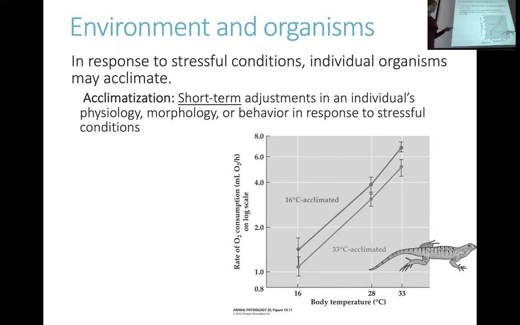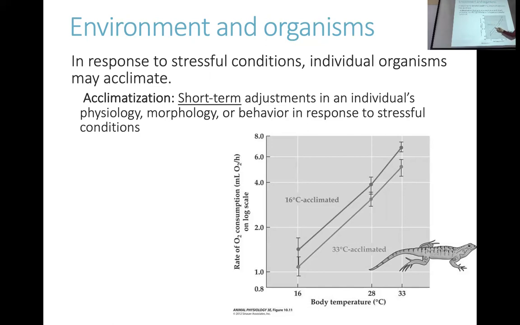So if we look at this lizard down here, this example on this graph, we have two lines. This would be the 33 degrees Celsius line. So when they're living at 33 degrees Celsius versus 16, so hot versus cold, their oxygen consumption is going to change. So how much oxygen they're using, which basically affects their metabolism. If they're colder, they're using more oxygen than if they're warmer.